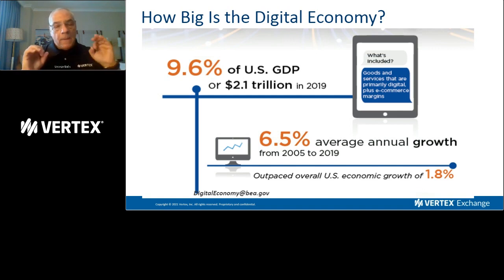This is the Bureau of Economic Analysis, and the BEA literally measures the economy and the various sectors. What we're beginning to see is that e-commerce is primarily a staple margin of GDP sustenance and growth in the United States.